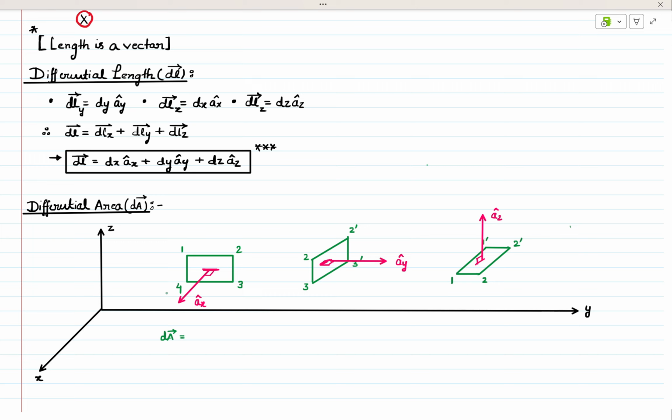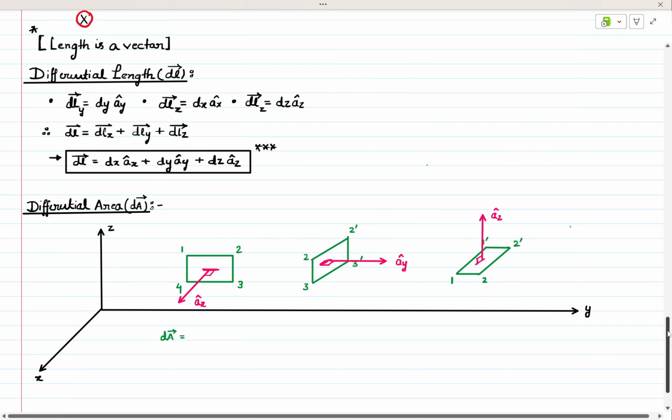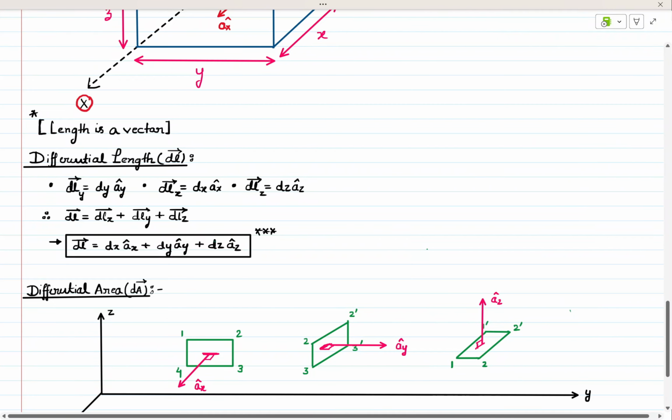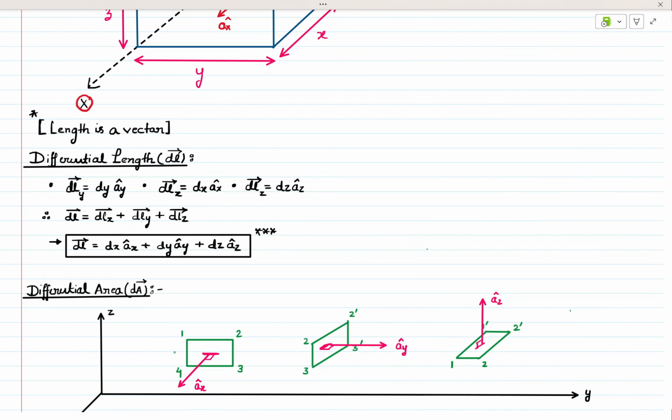Now, whatever I have told you, the same thing I will write here. Let me first write the magnitudes. This was dz, this was dz, and this is dx. This is dx, and this was dy. Right?